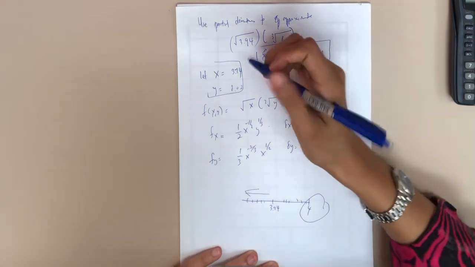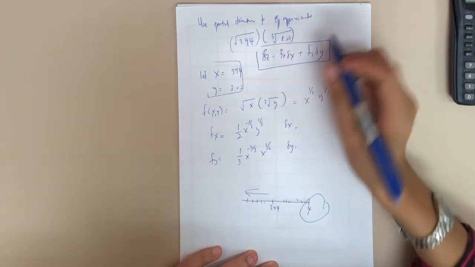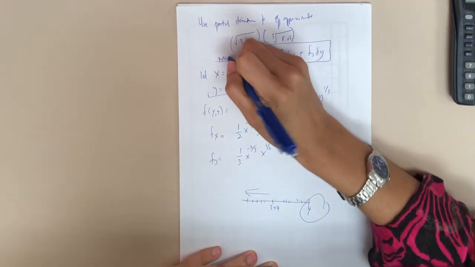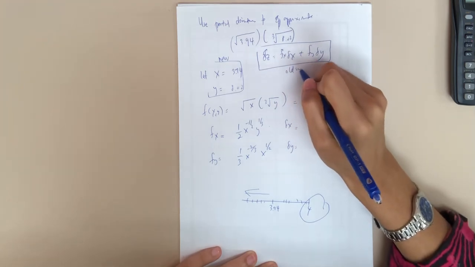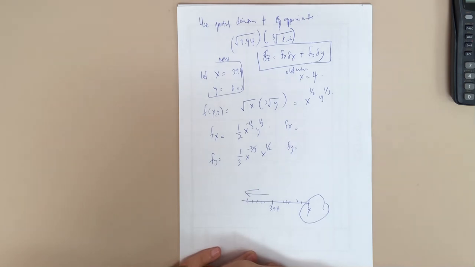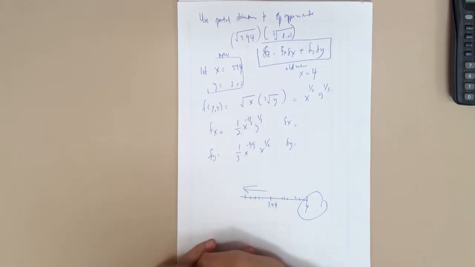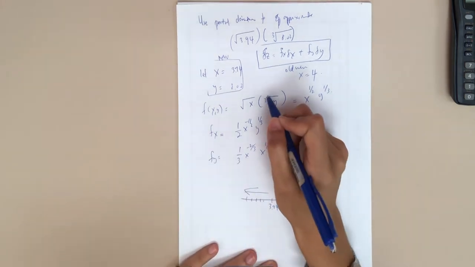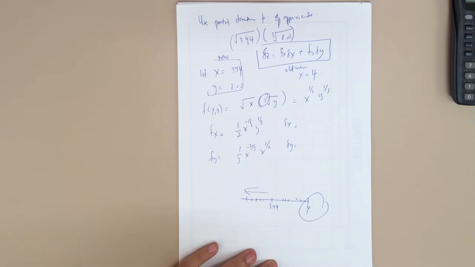So you will choose, okay, this is the new value, and the old value would be 4 for x. And then how to find the old value for y? It's the same, but be careful, this is power 3, I mean cube root, not square root.